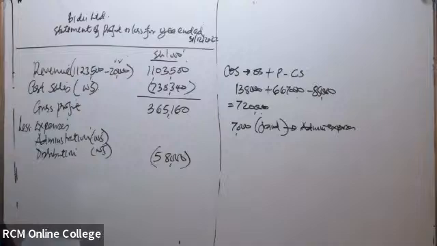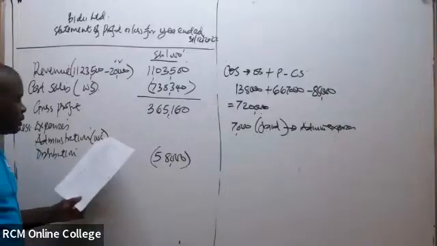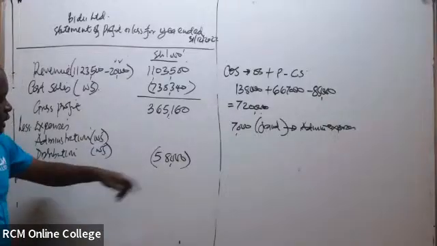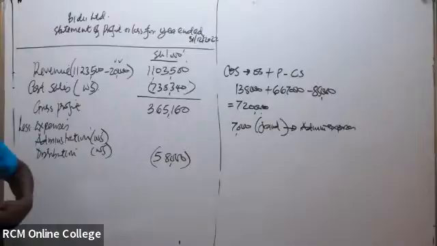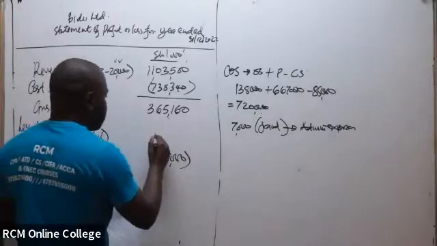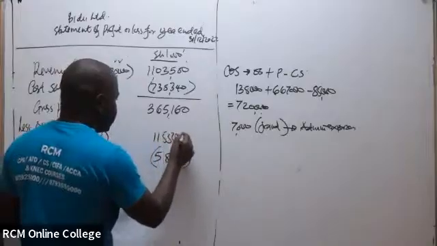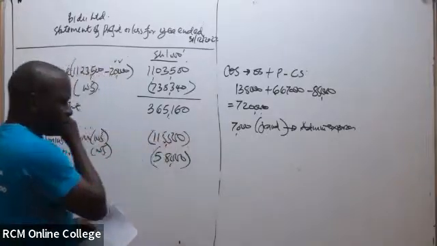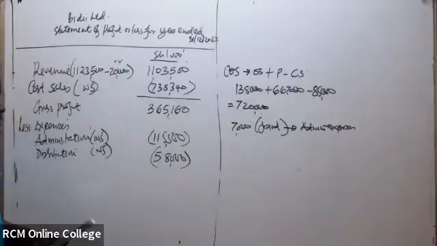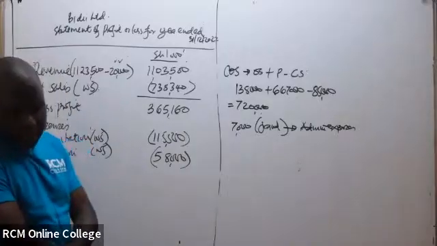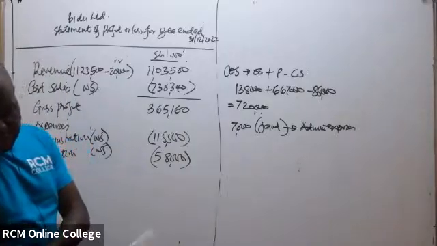Administration expenses was coming to 115,500. So that is the admin and, of course, distribution expenses.